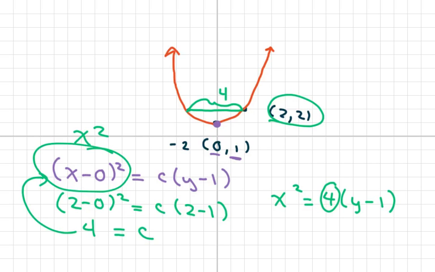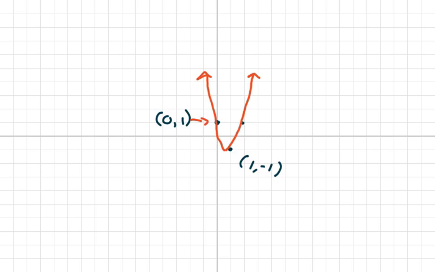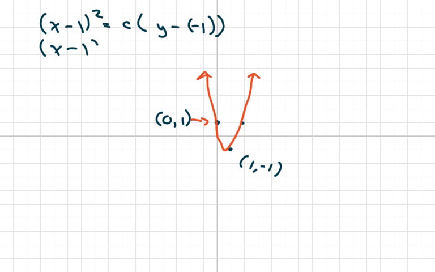Alright? This one, same thing, this opens up. So it has the form of x minus 1 squared equals c times y minus a negative 1, which equals x minus 1 squared equals c times y plus 1. Now I'm going to plug in this point right here to my x and y.